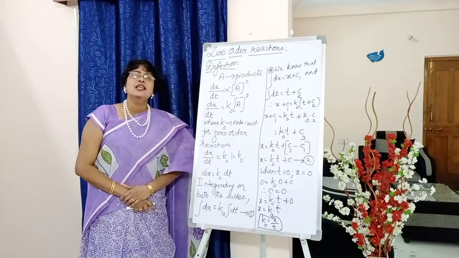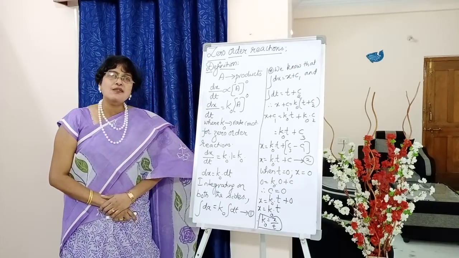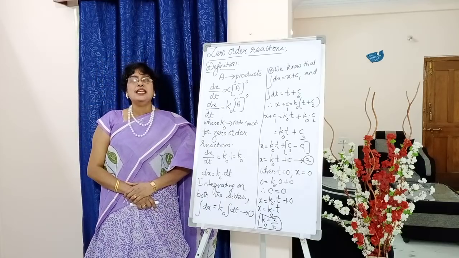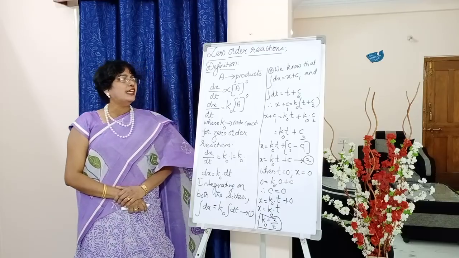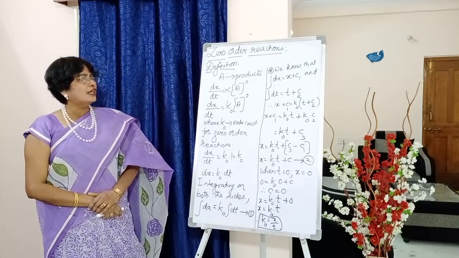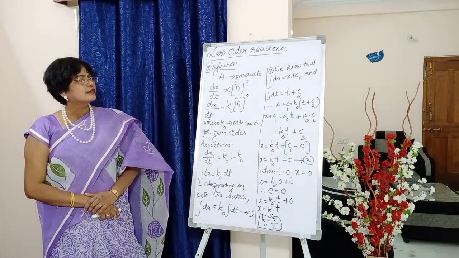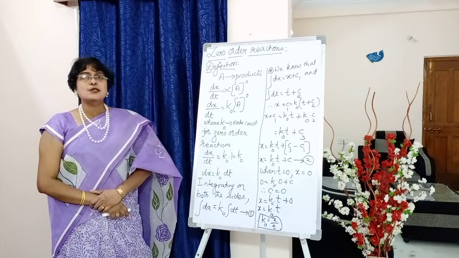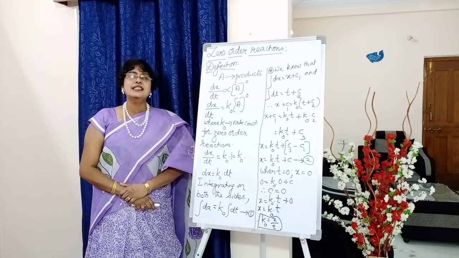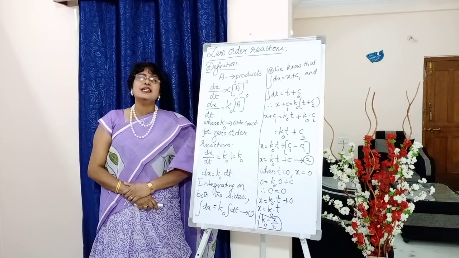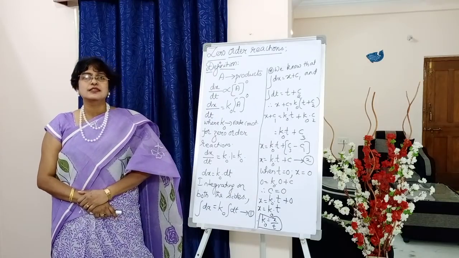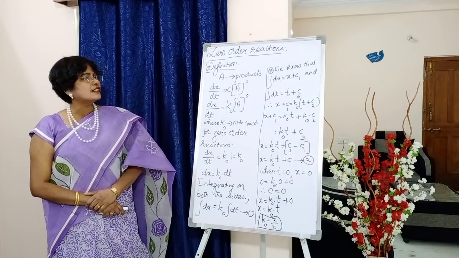Below, write down: substituting the above values in equation 1, we get, so integral dx we have x plus c1 is equal to k naught into t plus c2.